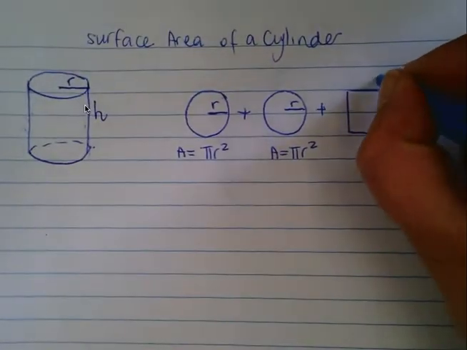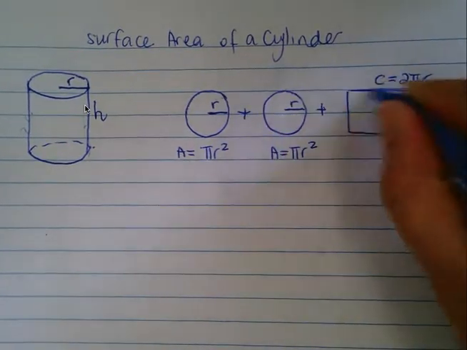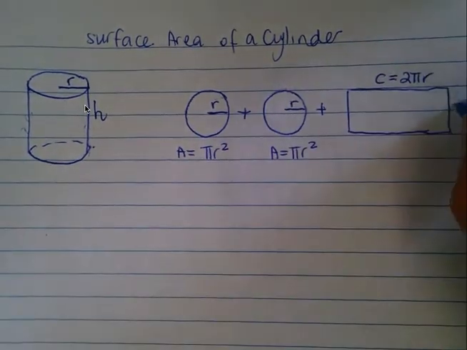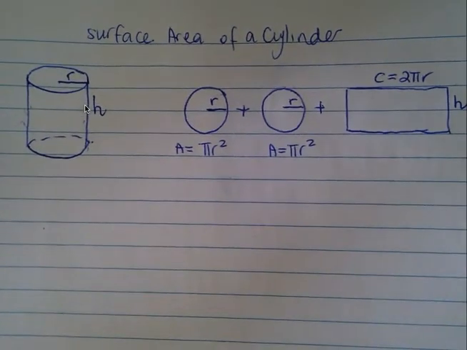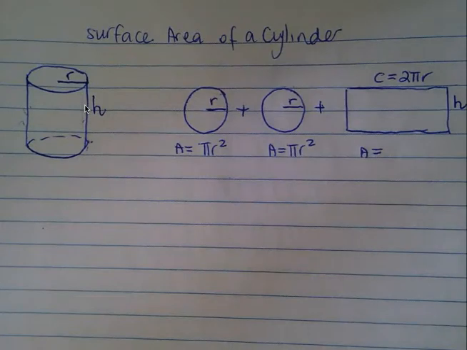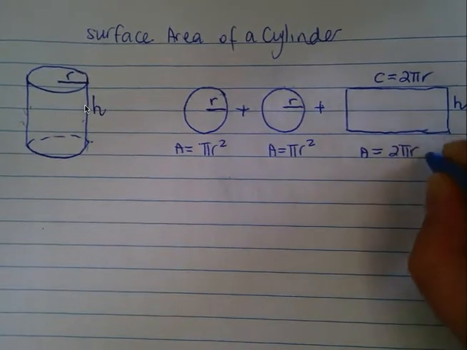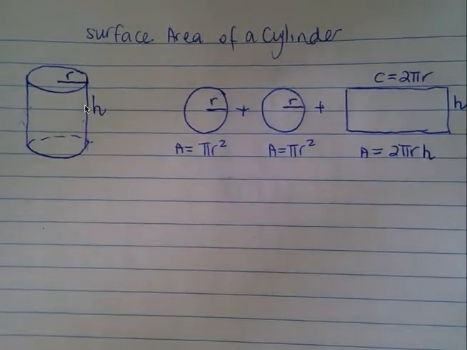So this distance here is the circumference of one of these circles, because that piece wraps around there, and this is my height. So the area of this piece is length times breadth, length times width, whatever you want to call it, which is 2 pi r times h, 2 pi r h.